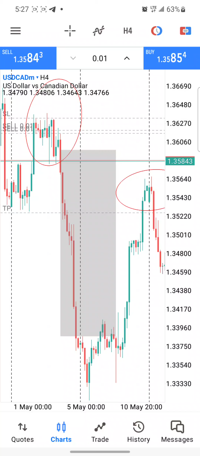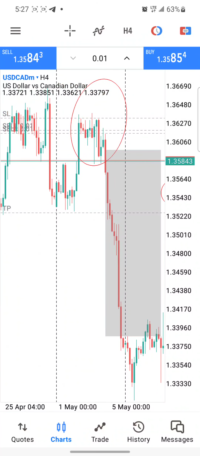I circle out this point where I see a range, but don't forget that there is buy side liquidity at the top here. So I have that in mind, that there is buy side liquidity at the top there. I put that in mind and then circle my range here.